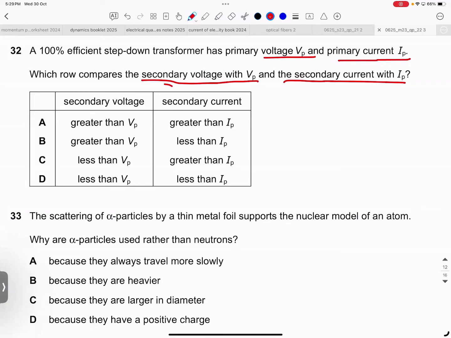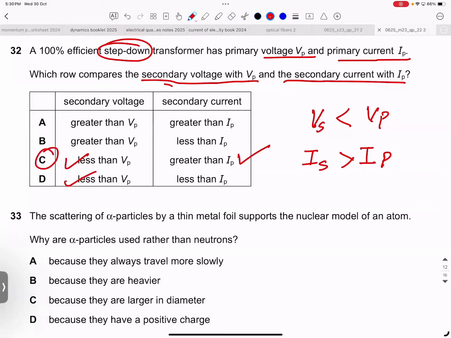First of all, it's a step-down transformer. Step-down means the output secondary voltage is less than primary. If output voltage is less, then output current will be more. So secondary voltage will be less, secondary current will be more, option C.